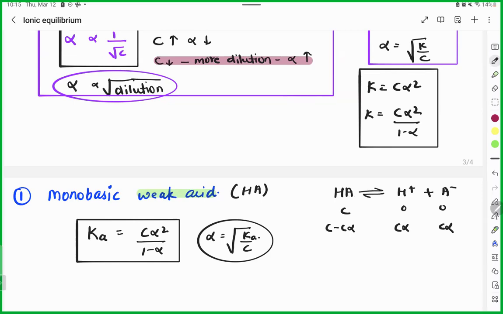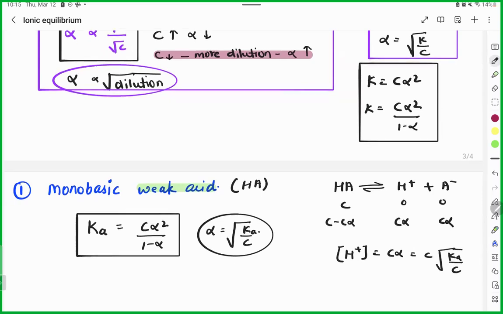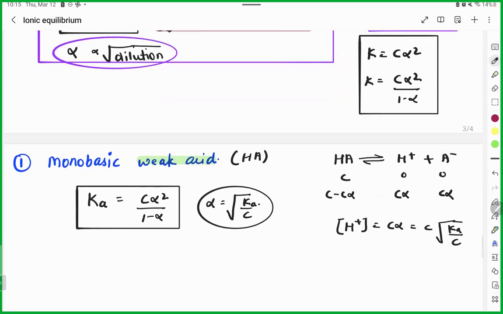If you see your H positive concentration value, this is equal to C alpha. What is your alpha value? Under root Ka by C. So can we say in this situation your H positive ion concentration will be equal to under root Ka multiplied by C.